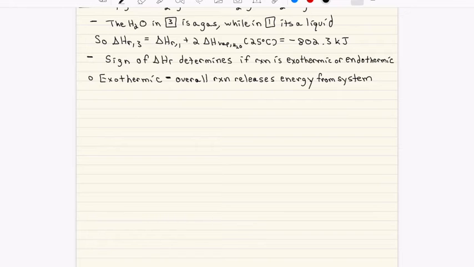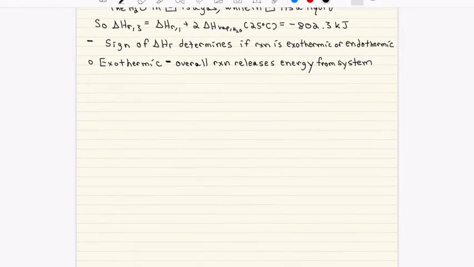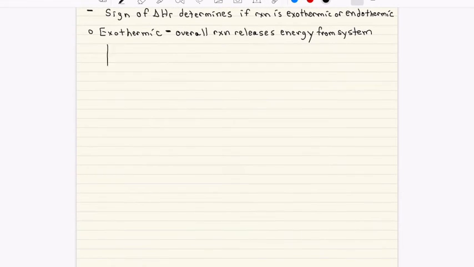To paint a clearer picture of what exothermic means, I want to draw for you a plot. In this plot, the y-axis is going to be the enthalpy of the system. And on the x-axis, I'm going to draw what I'll call the reaction progression, or you could think of it like a timer.